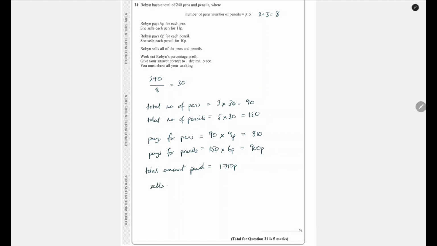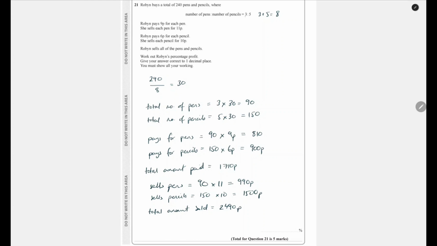Now we can work out how much she gets for selling. So sells pens, that's 90 pens for 11 pence each, and that's equal to 990 pence. And if we do the same thing for the pencils, that's 150 pencils, each for 10 pence, which is 1,500 pence. And so the total amount sold is 1,500 plus 990, which is equal to 2,490 pence.